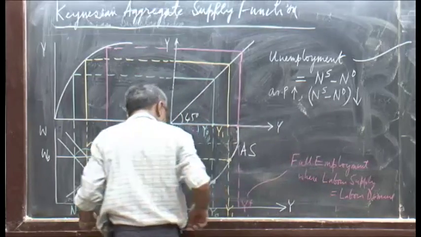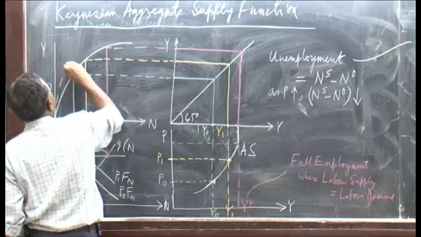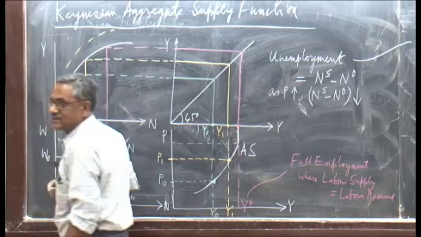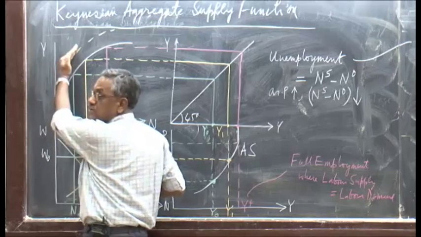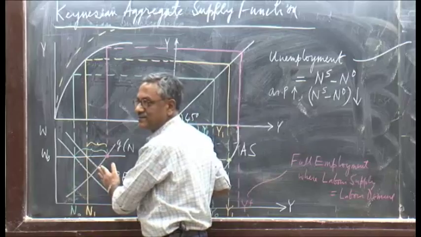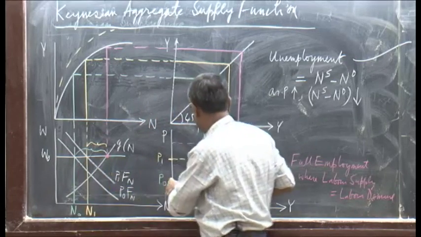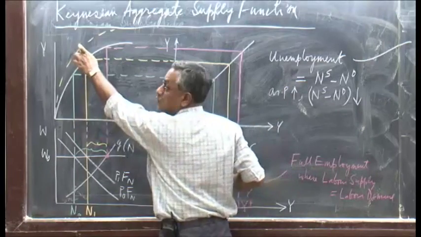So the production function will become something like this. Any amount of labor will have a steeper tangent, which means marginal product has shifted to the right, is higher. So every price will have a higher output, because every employment will have a higher output.